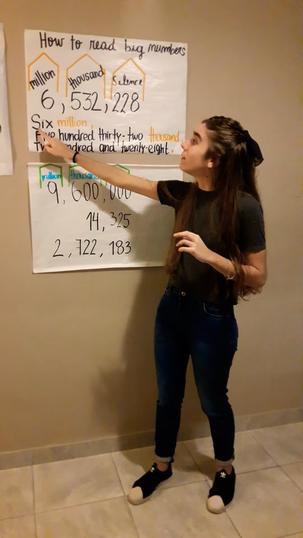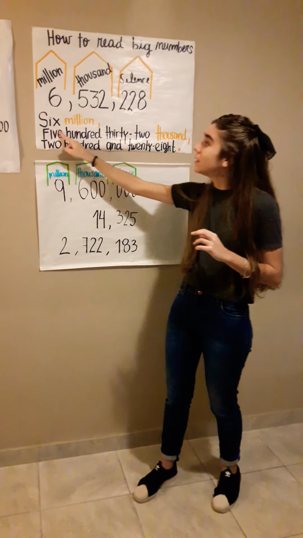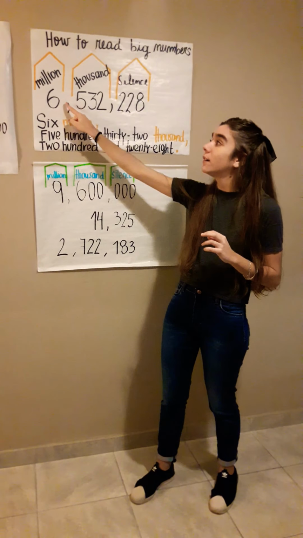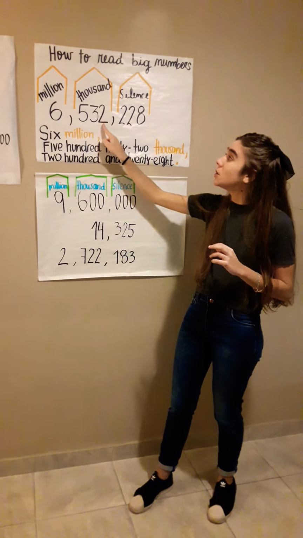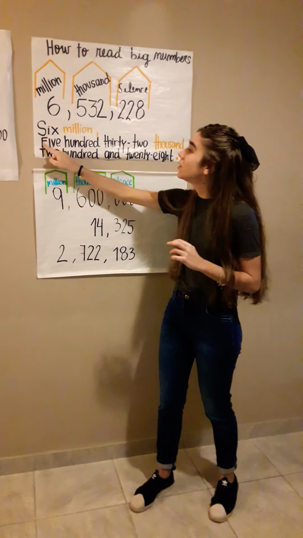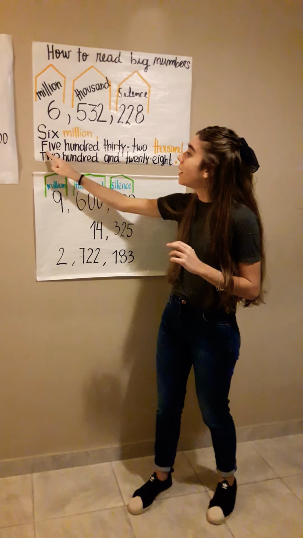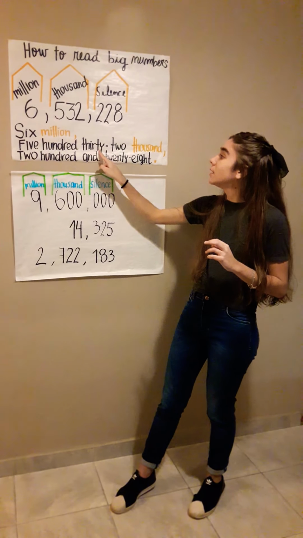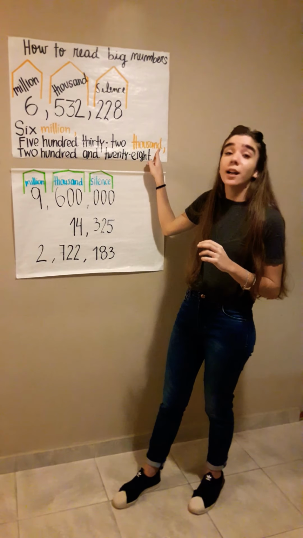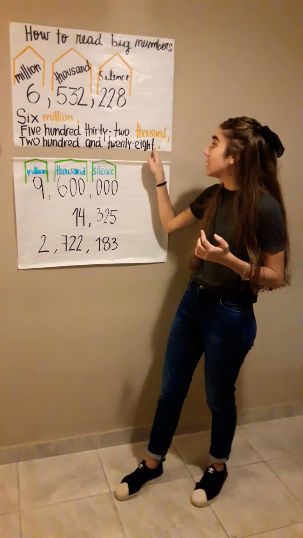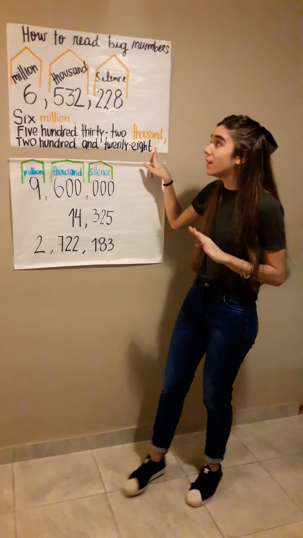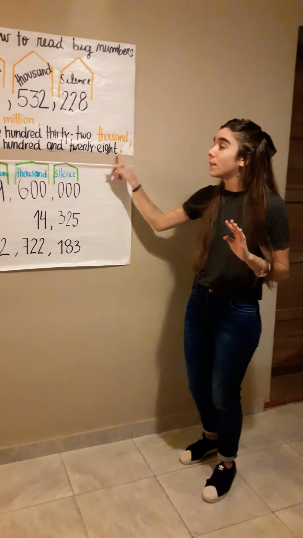So we're going to have 6 million, comma, this number, 532,000, comma, and the silence house at the end, 228, silence, okay? Here we don't say anything.